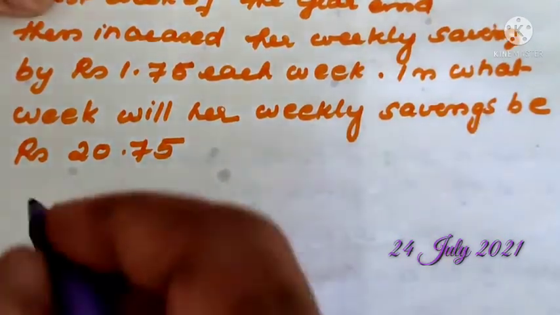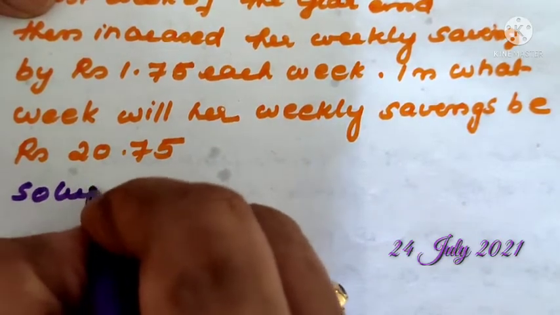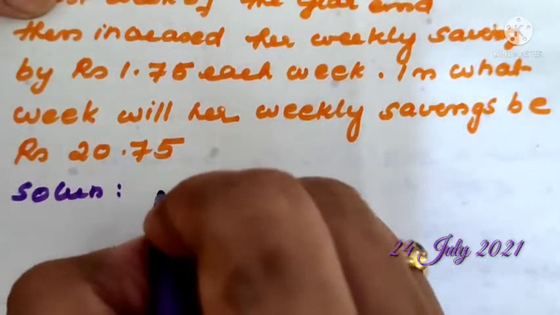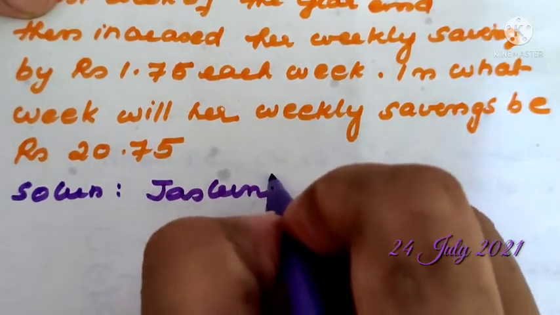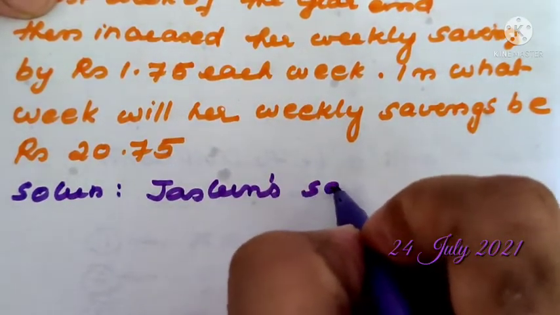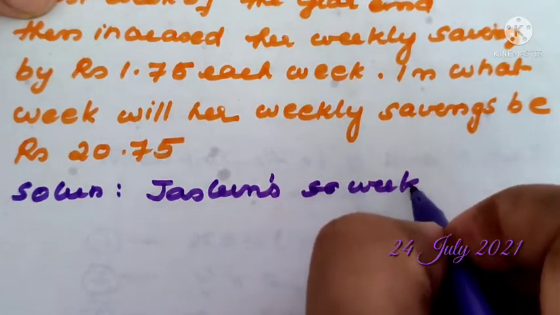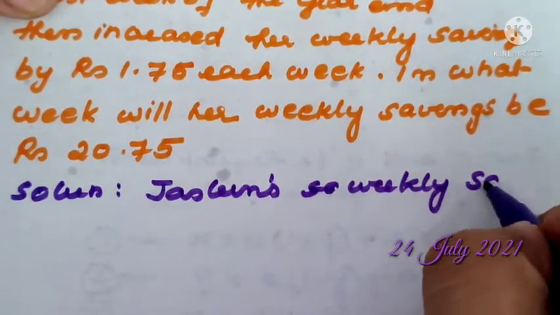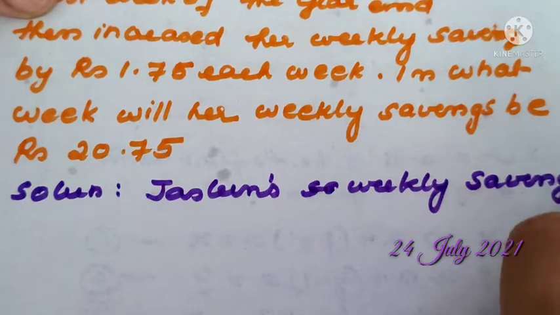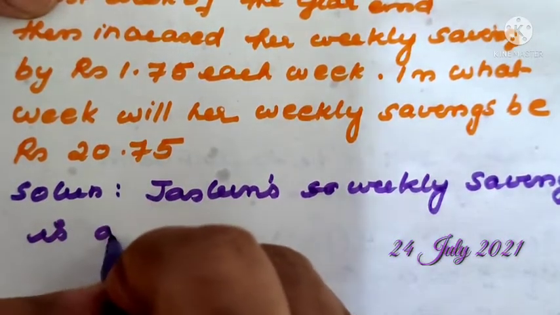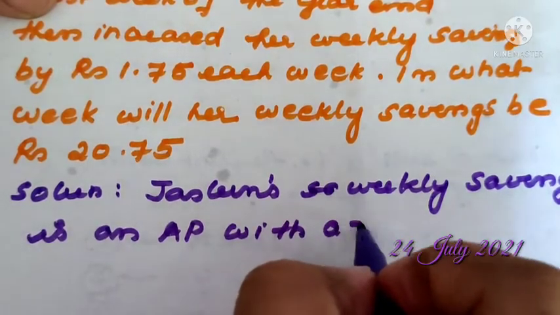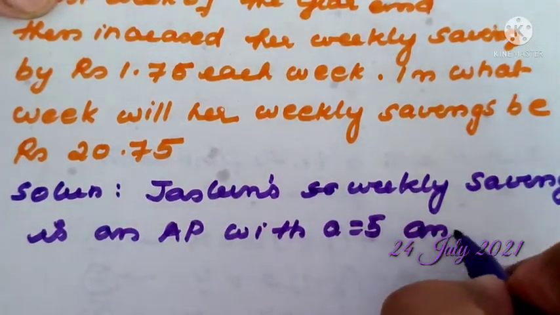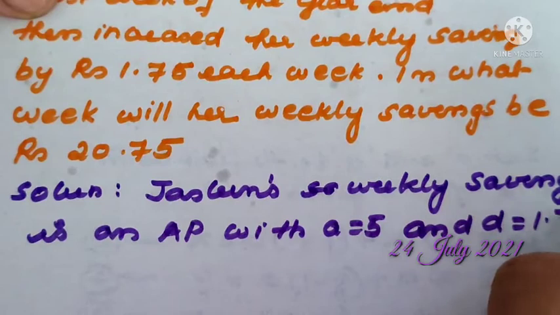Jesslyn's weekly savings is an AP with A equal to 5 and D equal to 1.75.